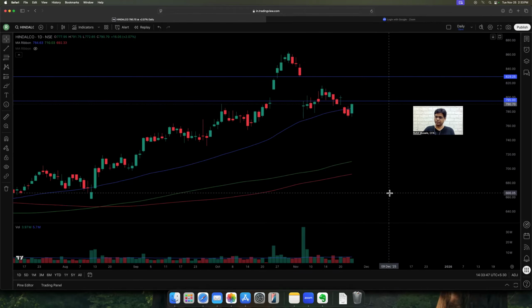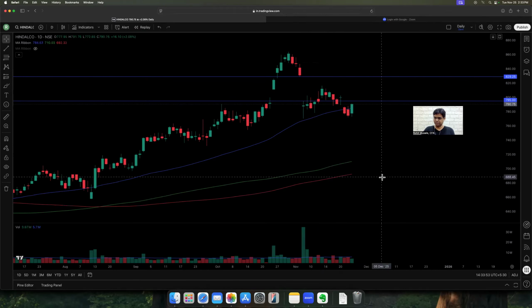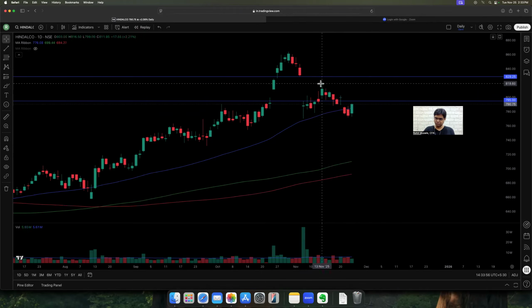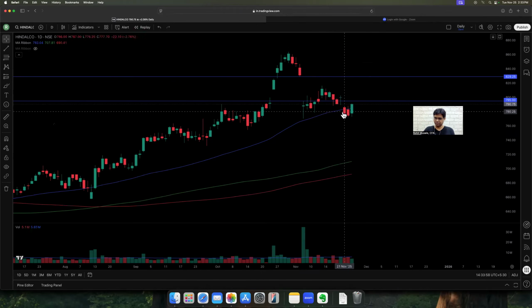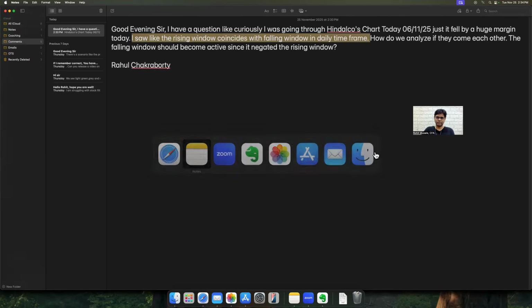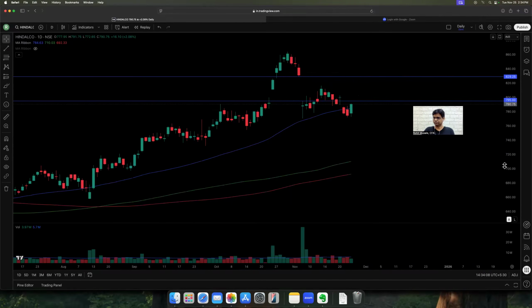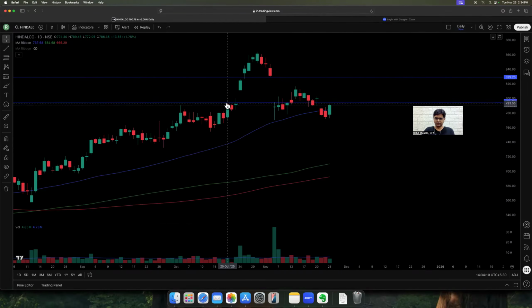A falling window tends to become resistance, which you see manifest here. This entire window has become resistance. The stock tries to pick up and then falls back, breaks the 50 SMA. Now he is saying that the rising window coincides with the falling window. He's talking about two rising windows here.